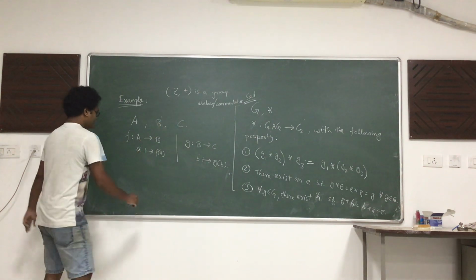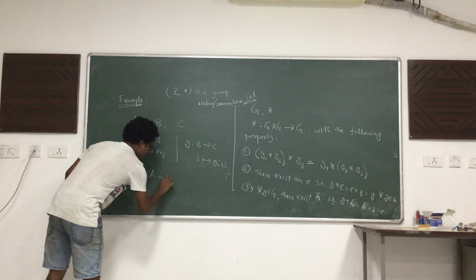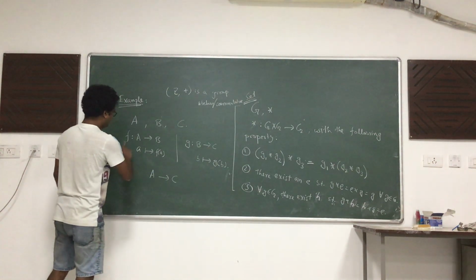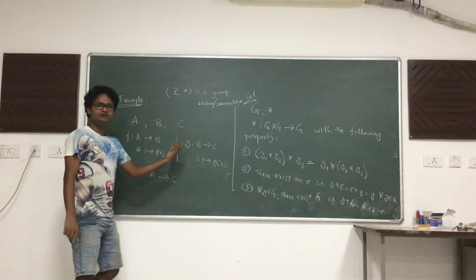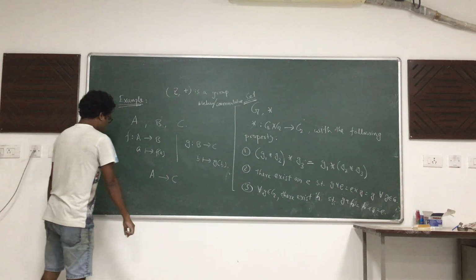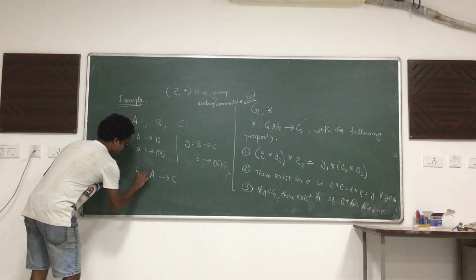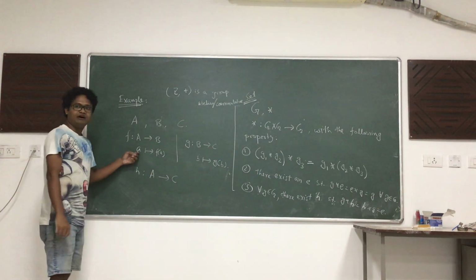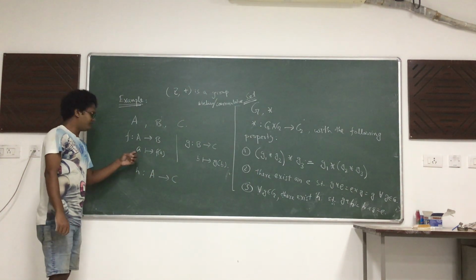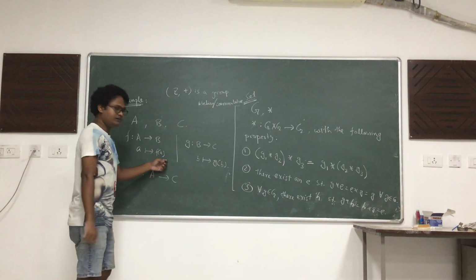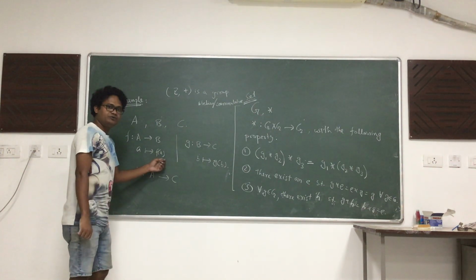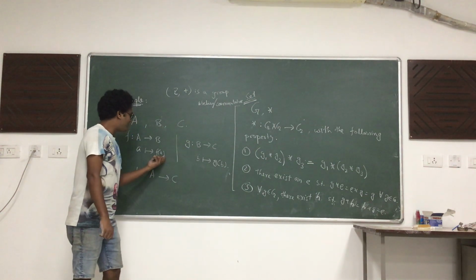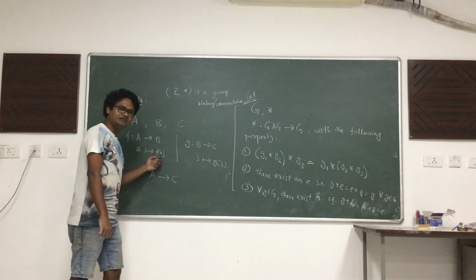The question is, can we naturally define some function induced by these two? The answer is actually yes. We already have a rule of assignment from A to B, and wherever it goes to, we take the second function and apply it to that element.